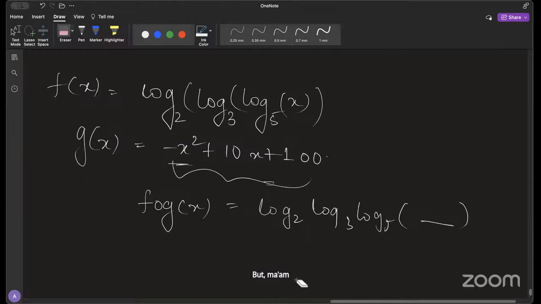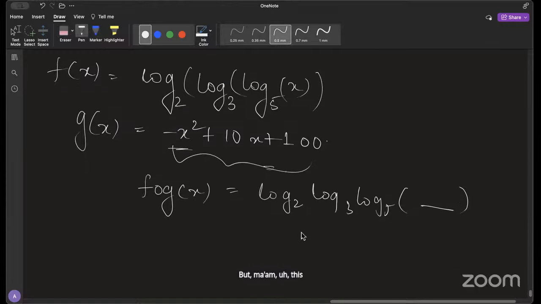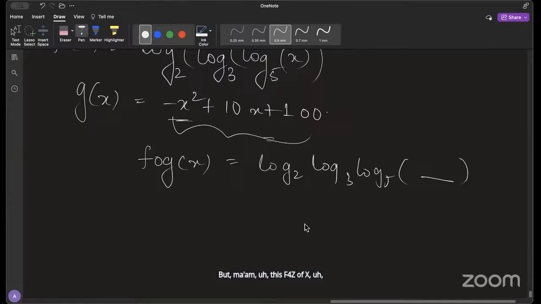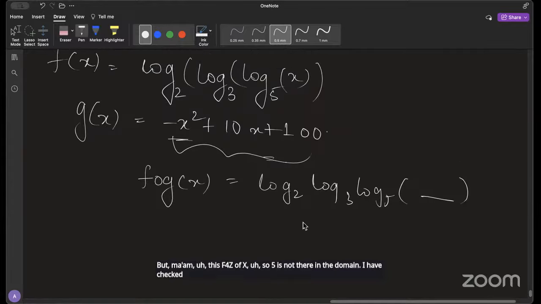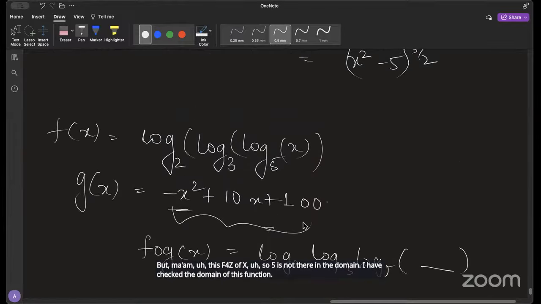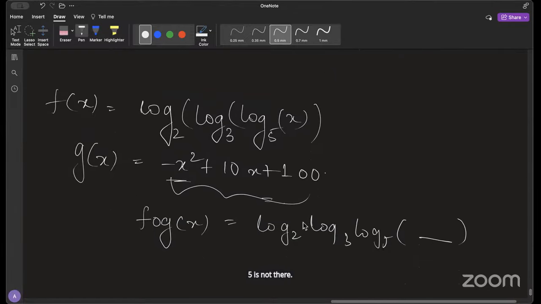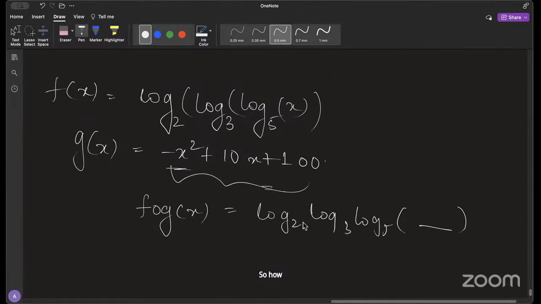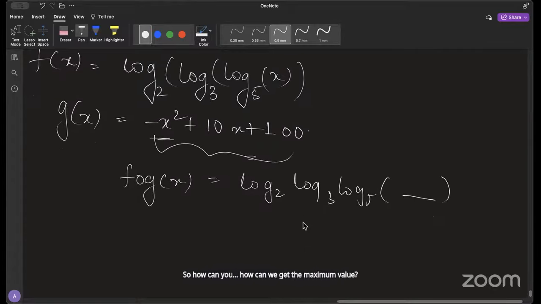But ma'am, for this FOG of x, 5 is not in the domain. I have checked the domain of this function. So how can we get the maximum value at 5?